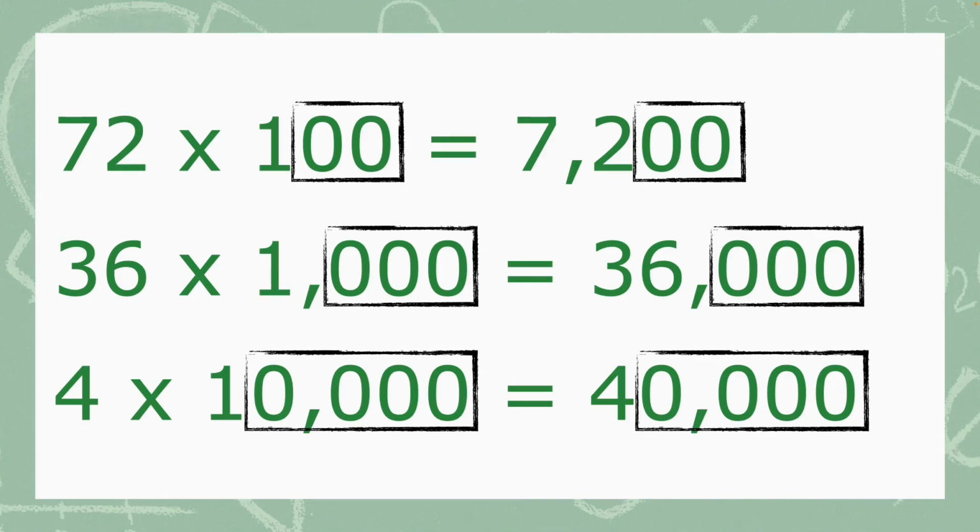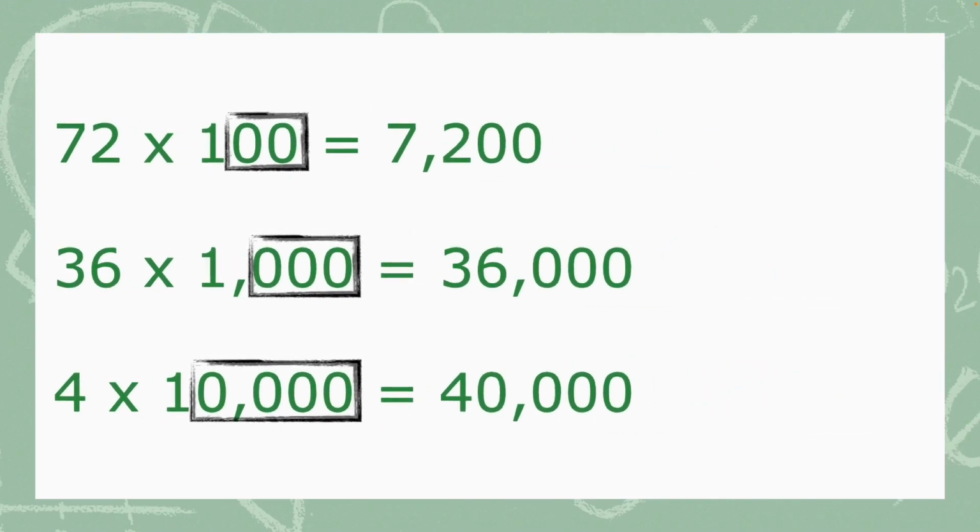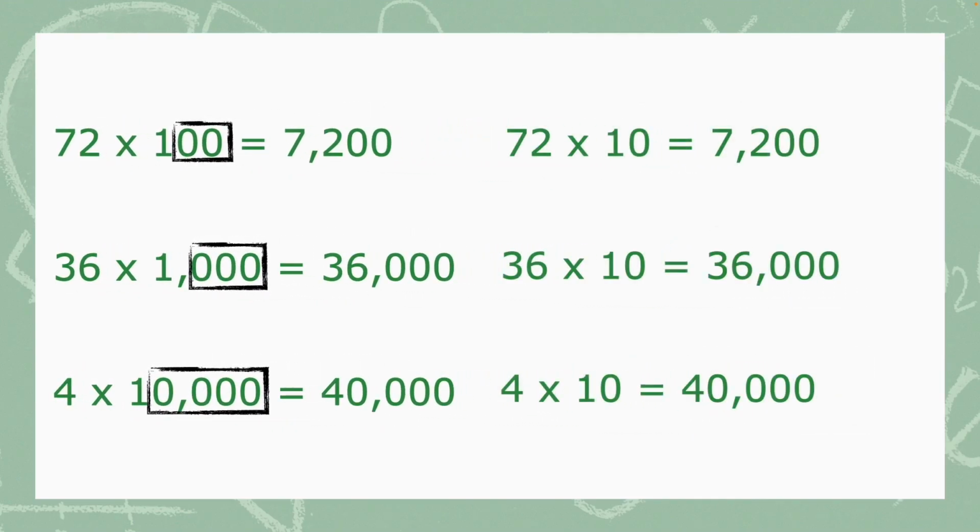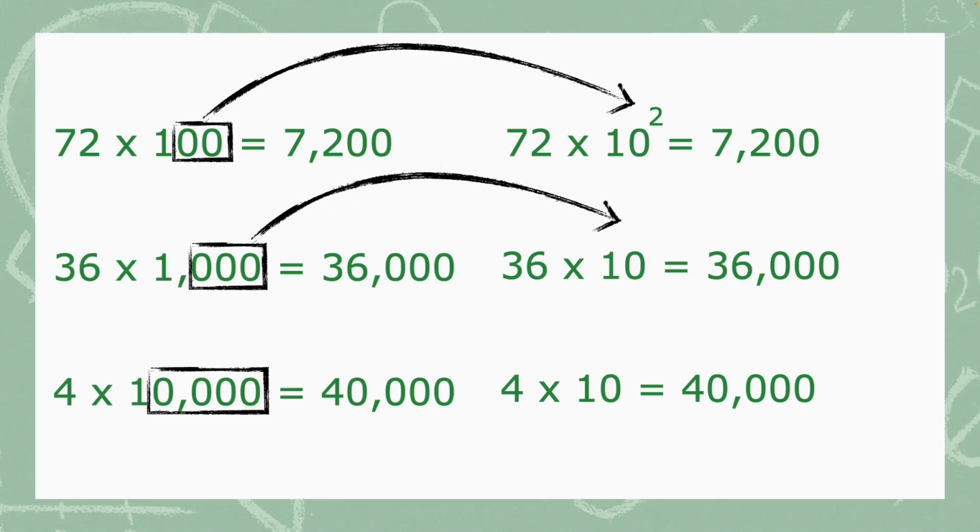This will help me rewrite problems with powers of 10. So my first example up here, 72 times 100, I could rewrite as 72 times 10 to the power of 2. Or 36 times 1,000 is the same as 36 times 10 to the power of 3. Again, we're seeing this relationship between the number of zeros and the power in the power of 10.